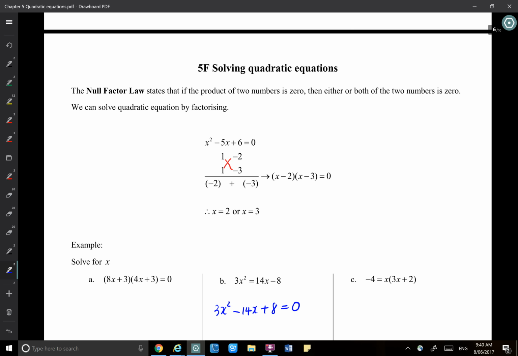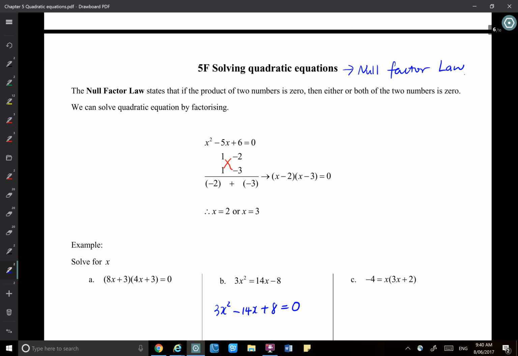Okay, there's an equal sign. I want to solve for x. How can we solve for x? We use the null factor law. So for all the quadratics, we'll use the null factor law to solve it. So what is the null factor law?